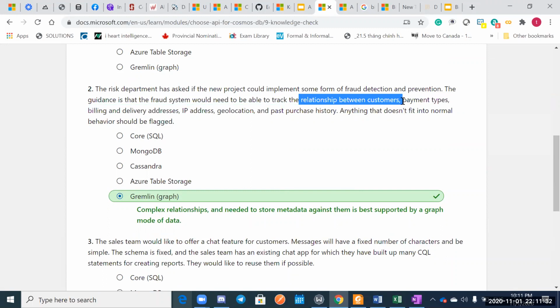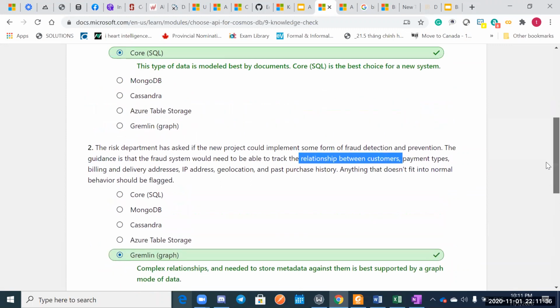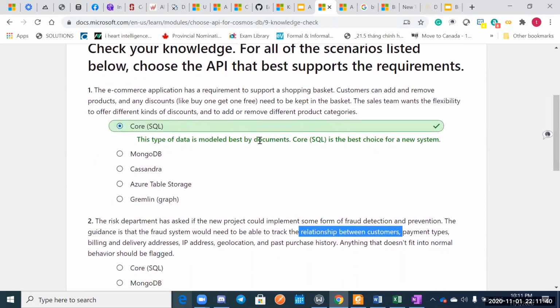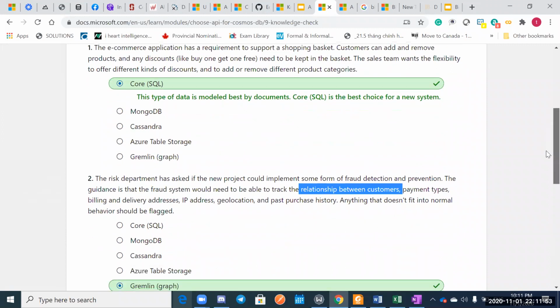So when you see things about relationships, you always need to think about graph. Good job, Ravi. Thank you. Number one, you got: this type of data is modeled by documents. When you talk about documents, it will be Core SQL. So that's it for today.